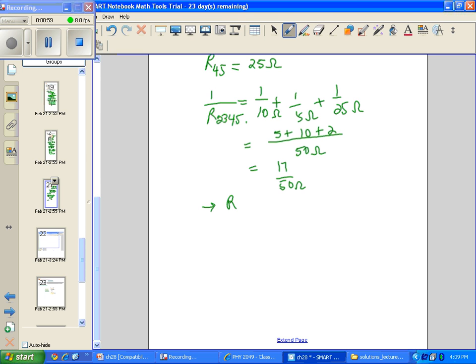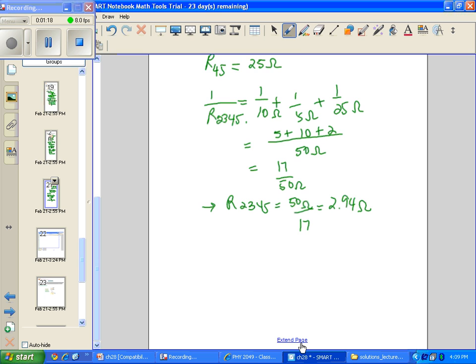Therefore, R2345 is equal to 50 ohms divided by 17. And if we would like to write this as a decimal, 2.94 ohms.